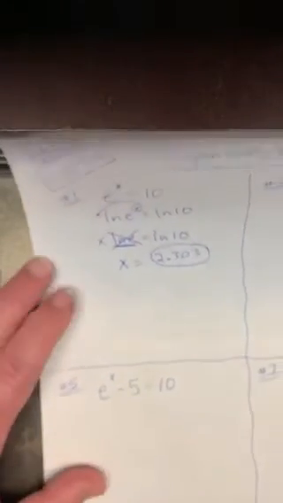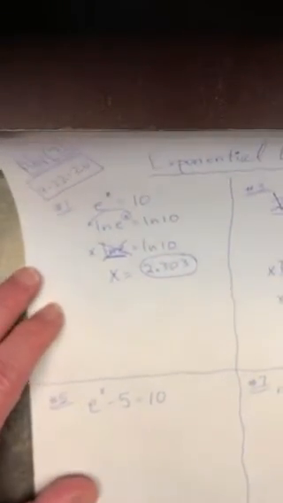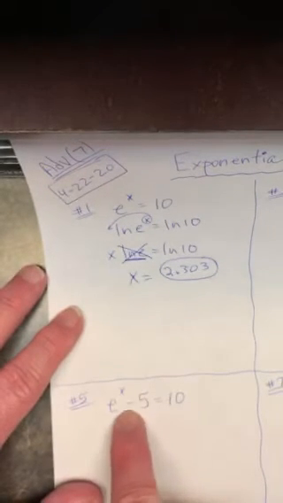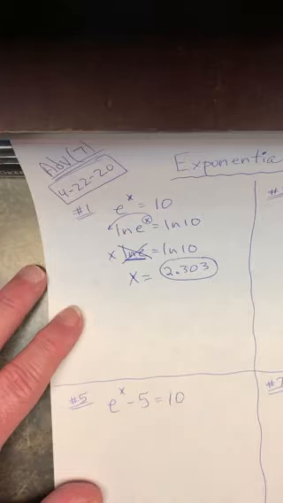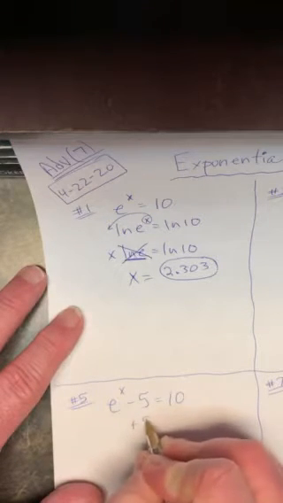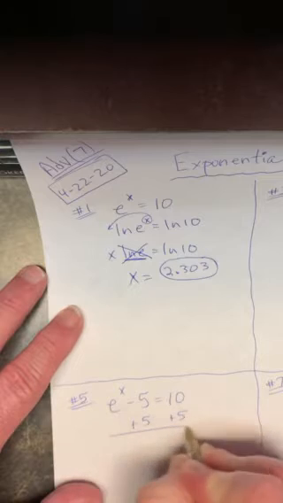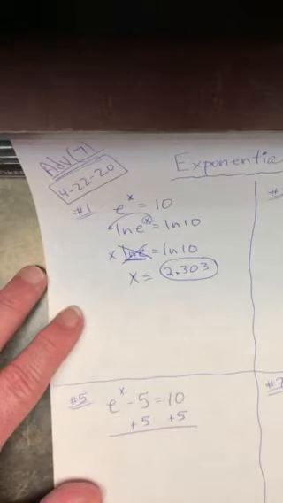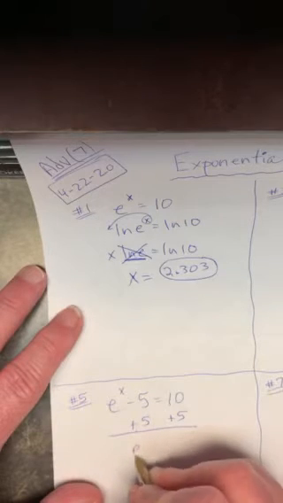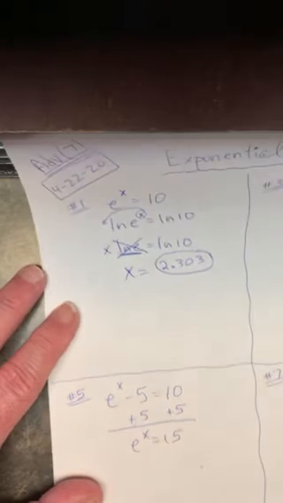Number 5. Again, you'd see this on that worksheet. Number 5 says e to the x minus 5 equals 10. Do you agree to get this thing by itself I'd add over the 5? All right? This isn't a complicated day. Calmly think about what each step would be. The 5s would cancel. I've got e to the x equals 15.